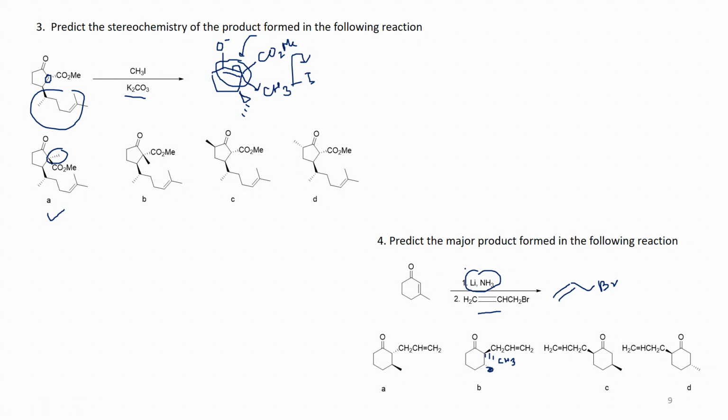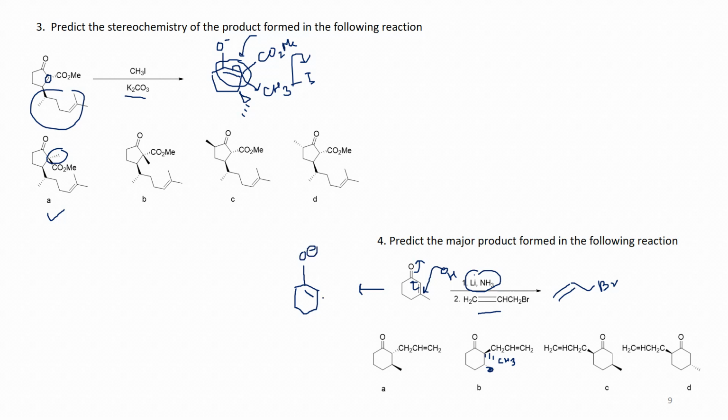So what will be the product in this case? Lithium ammonia acts as a hydrogen donor, or rather a single electron donor, so lithium ammonia will give a hydride source, and we form this one.